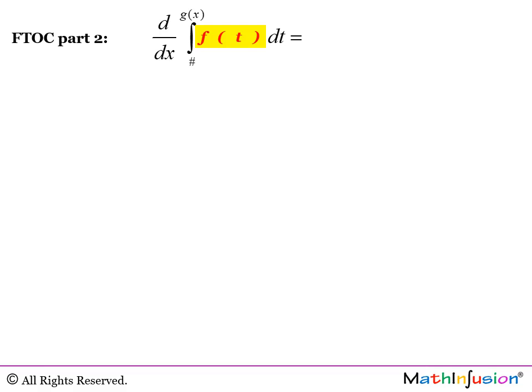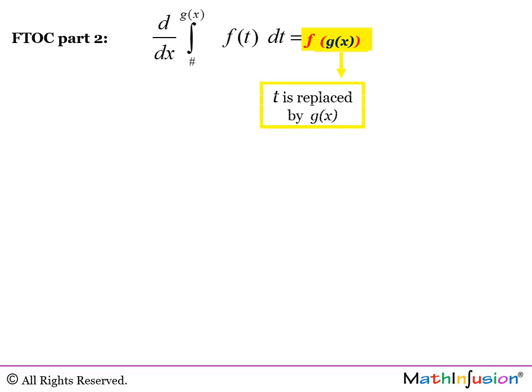If you noticed, I can also give you a rule how to use this theorem in the case that the limits of the integral are between a number and a function of x. Let's call this function of x g of x. First of all, we take out the integrand, and now we're replacing t by g of x, and then we multiply by g prime of x.